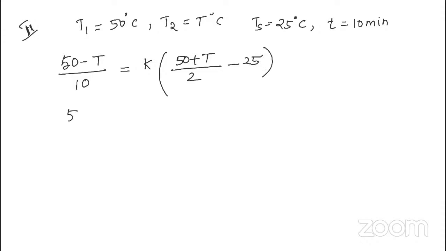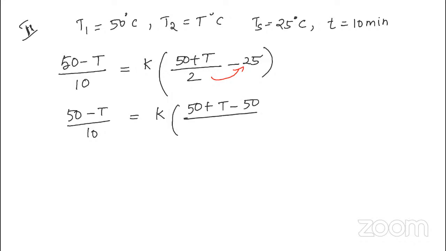Then 50 minus T divided by 10 is equal to K into, we just cross multiply this one. So what we get is 50 plus T minus 25 into 2, that is 50, the whole divided by 2.